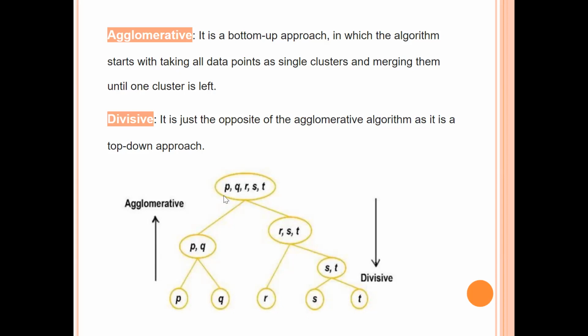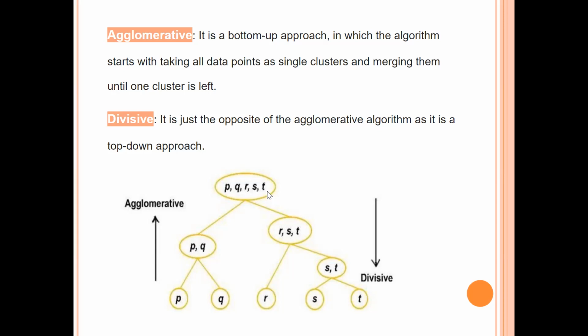You can see in this picture that the agglomerative is a bottom-up approach. You can see this arrow. We are having data points P, Q, R, S, T. And based on some similarities, we are creating the clusters like PQ, ST, RST, and finally we are having only one cluster, that is PQRST. That was about agglomerative.